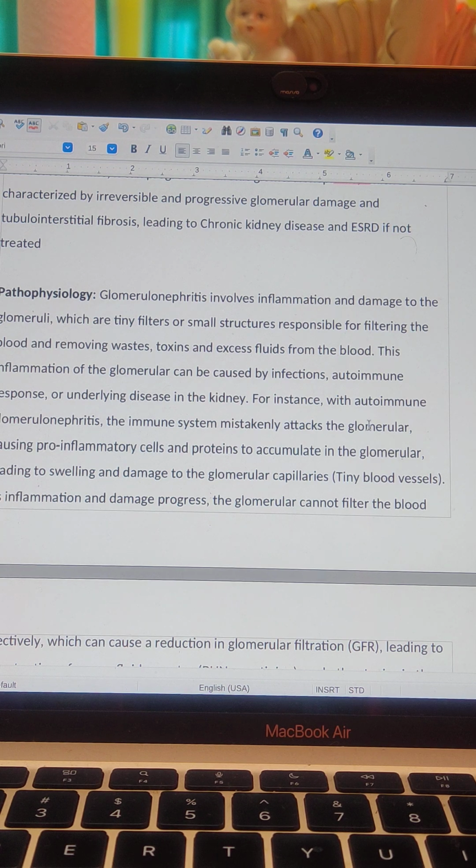For example, with autoimmune glomerulonephritis, the immune system mistakenly attacks the glomeruli, causing pro-inflammatory cells and proteins to accumulate in the glomeruli, which leads to swelling and damage to the glomerular capillaries. These are the tiny blood vessels within the glomeruli.